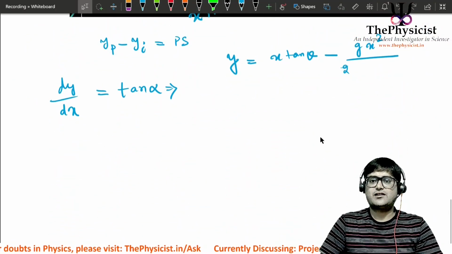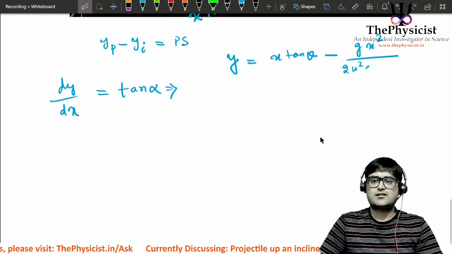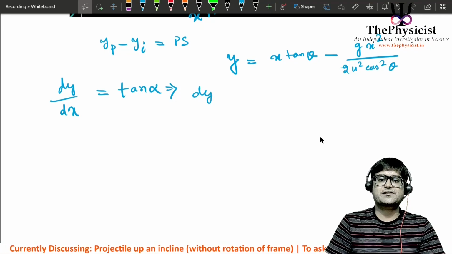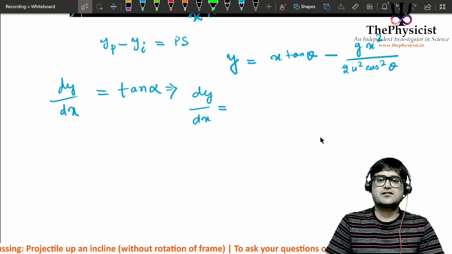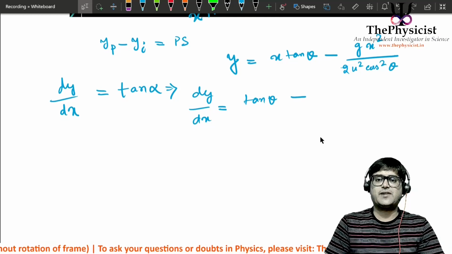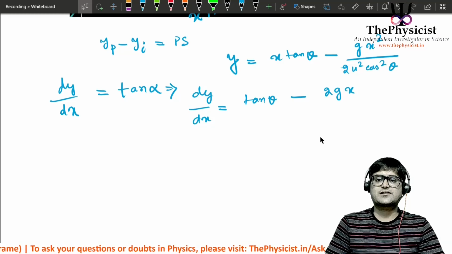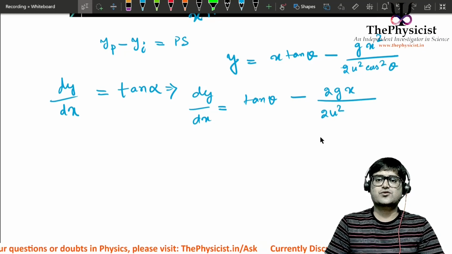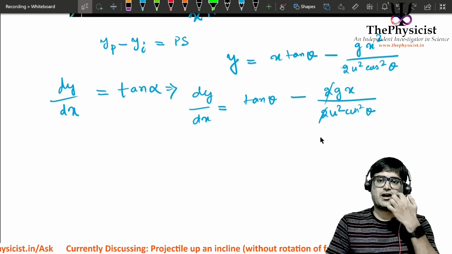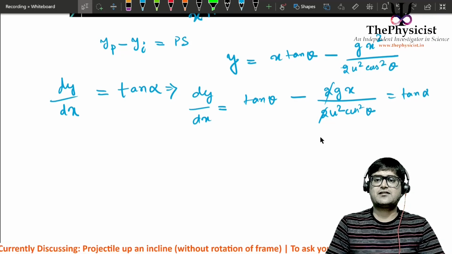That's the equation we derived. So let's find dy by dx. That would be tan theta minus 2gx divided by 2u squared cos squared theta. And 2 and 2 cancel, and that becomes tan alpha.